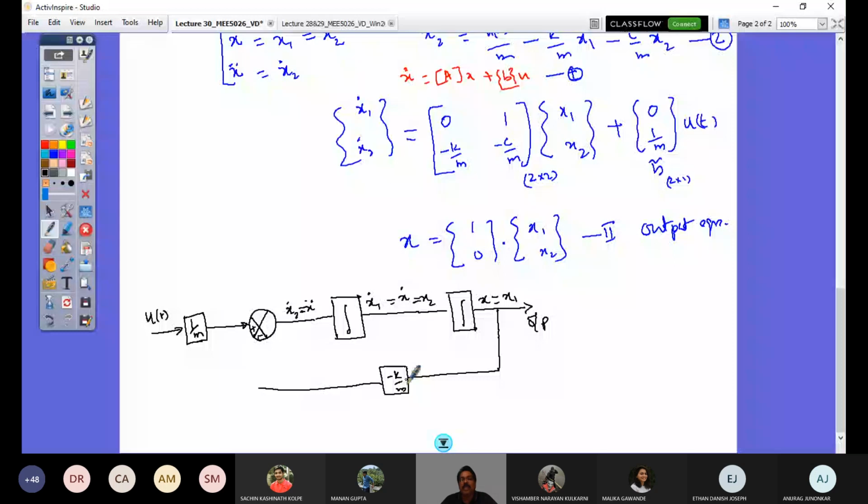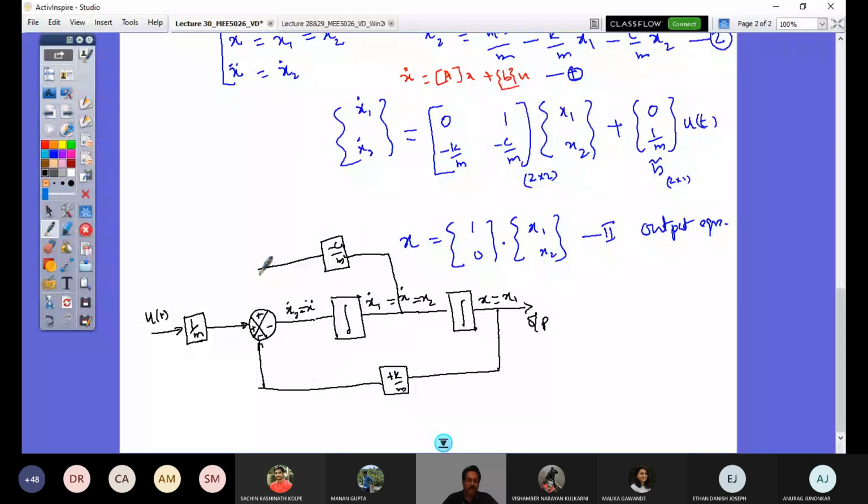Similarly, you see here x2 into minus c by m. So I'll have to take it from here, and that has to go again here. This is the plus terminal and this is the minus terminal. Then I should have minus c by m, and take it like this.